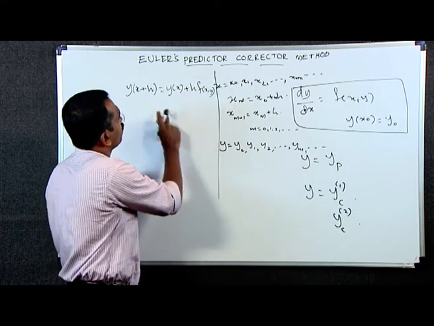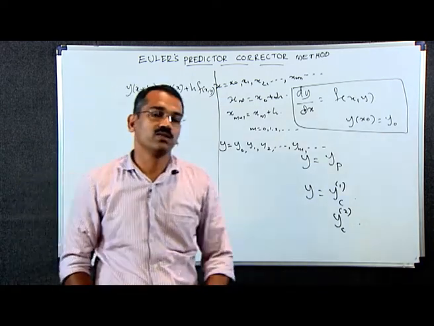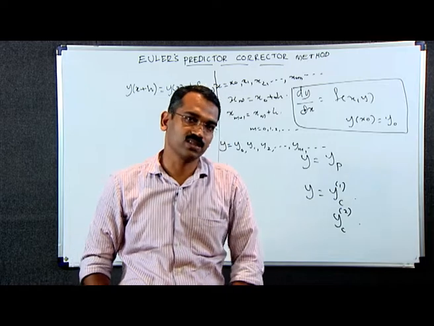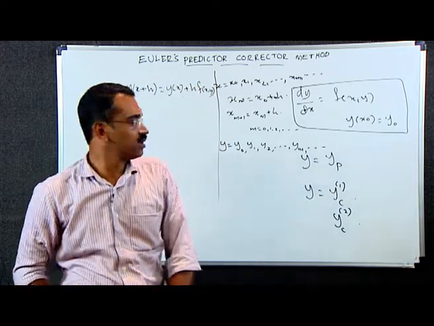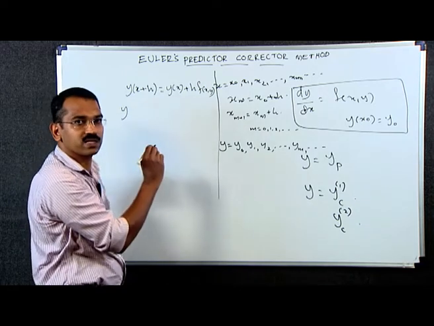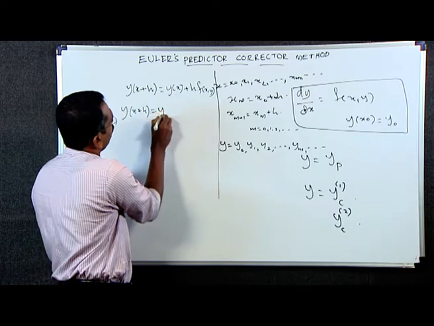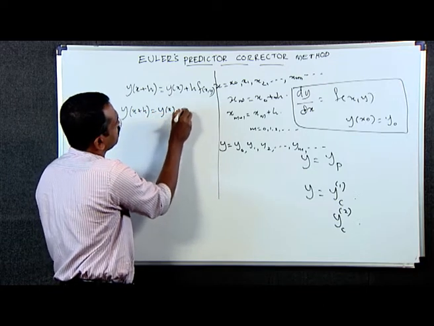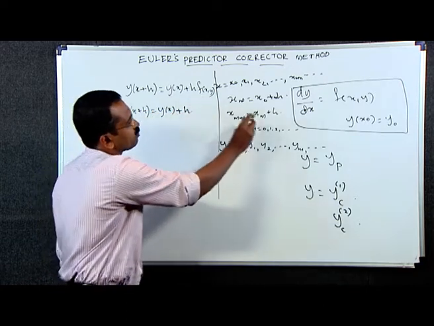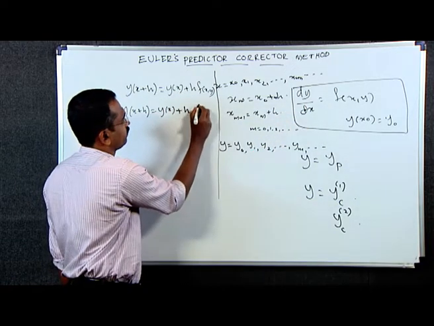This is from the Euler's method, which we already discussed in the previous sessions. That is, this can be written as y of x plus h is equal to y of x plus h into f of x, y, which is dy by dx, that is y dash of x.